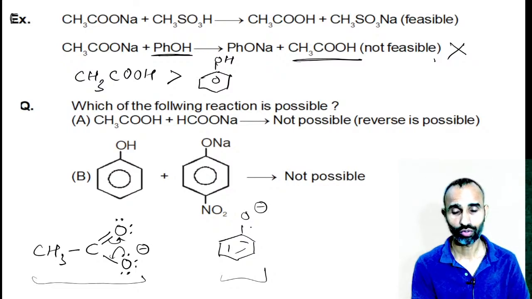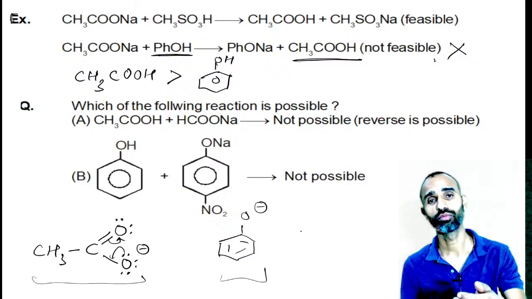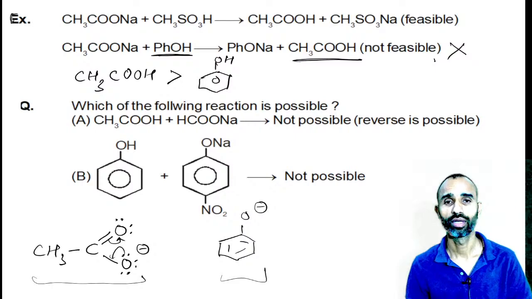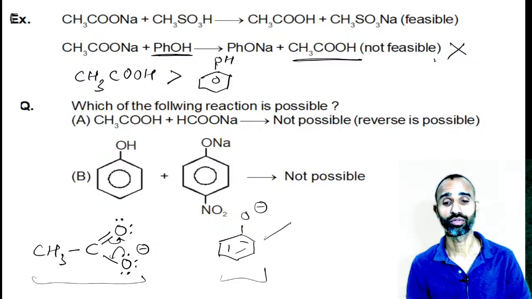But in phenoxide, in resonance, negative charge moves from the more electronegative oxygen to the less electronegative carbon, and that's why phenoxide is less resonance stabilized.